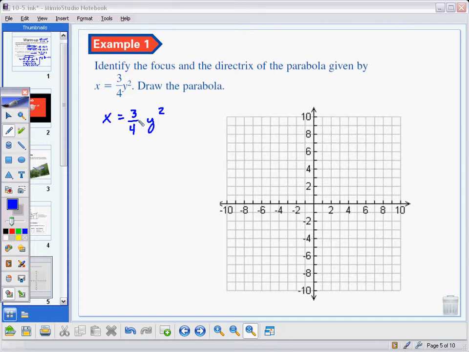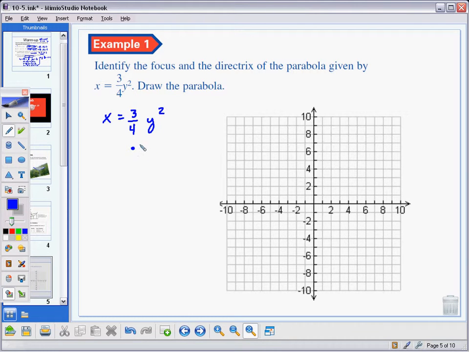Right now y squared is being multiplied by 3/4. So to undo that, let's multiply each side by the reciprocal of that coefficient, 4/3. Now I have 4/3 x equals y squared.